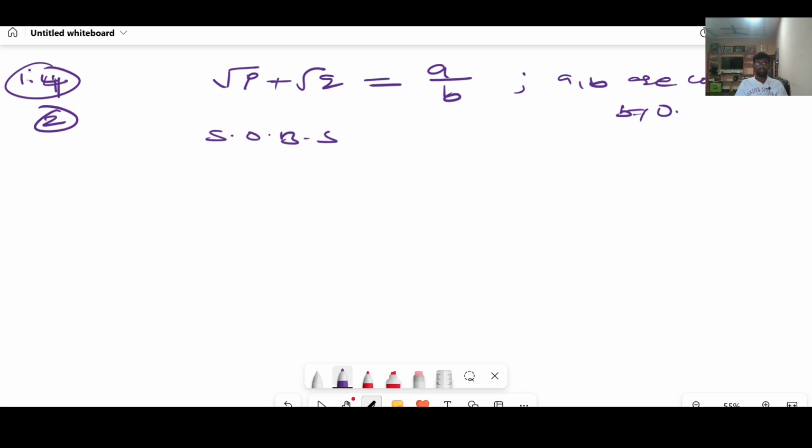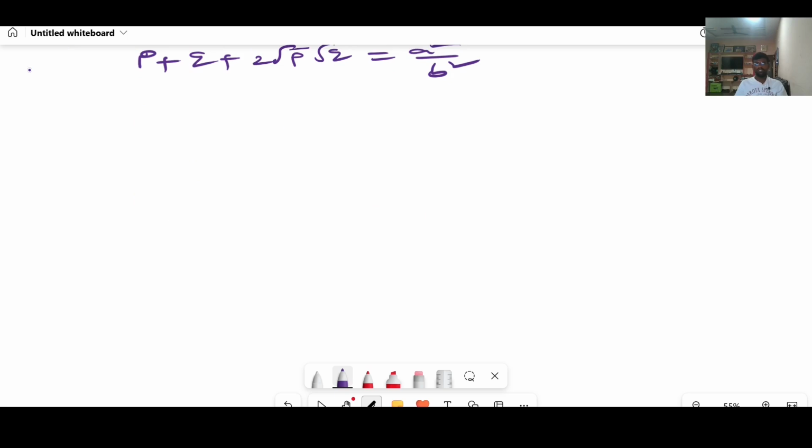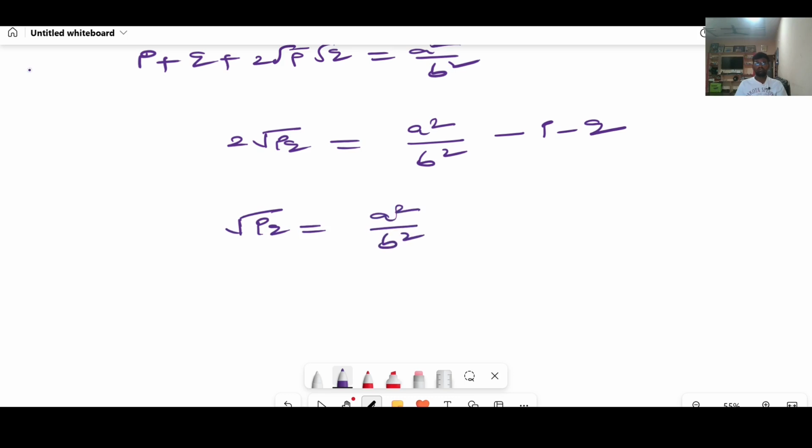Squaring on both sides, assume root p plus root q is rational, right? Root p plus root q whole square equal to a square by b square, you will get p plus q plus 2 root p root q equal to a square by b square, and same 2 root pq, and you can write a square by b square minus p minus q, transposing p plus q, and same root pq.